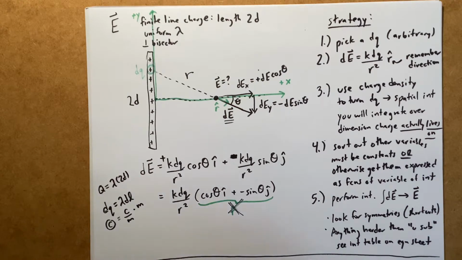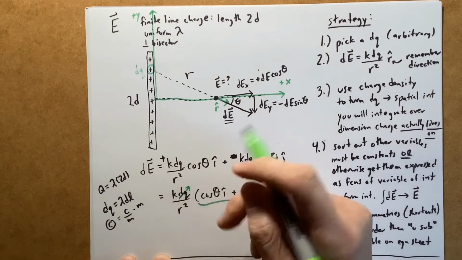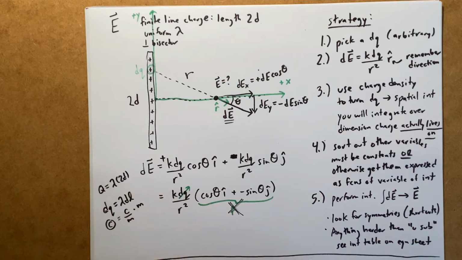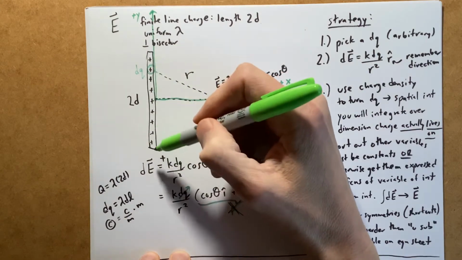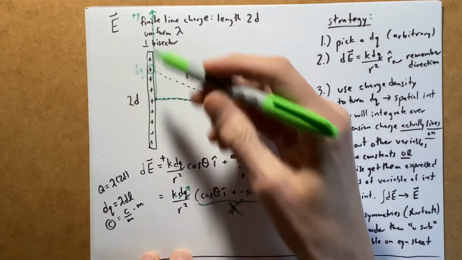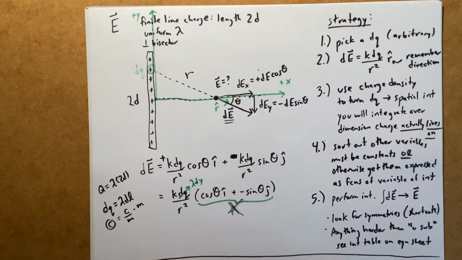So what this allows me to do is turn this integration into a spatial integral, which is along some spatial dimension. And here I don't have to call it generic dl. My charge lives on the y-axis, so I'm going to call this lambda dy to be a little more specific.